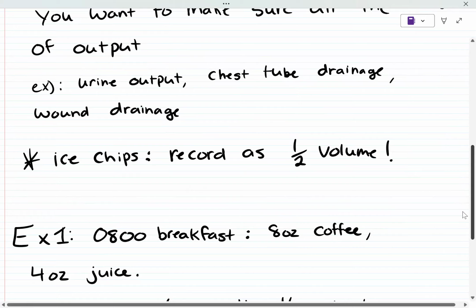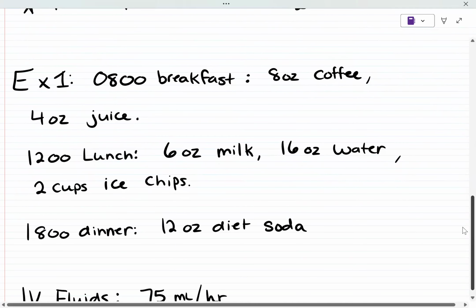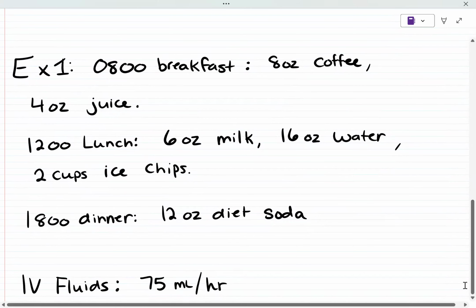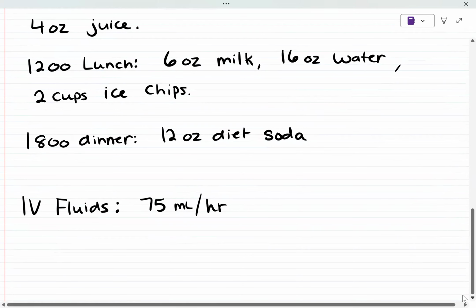For dinner, we have 12 ounces of diet soda. And we have an IV fluid of 75 milliliters per hour. So we have to calculate the intake and output.